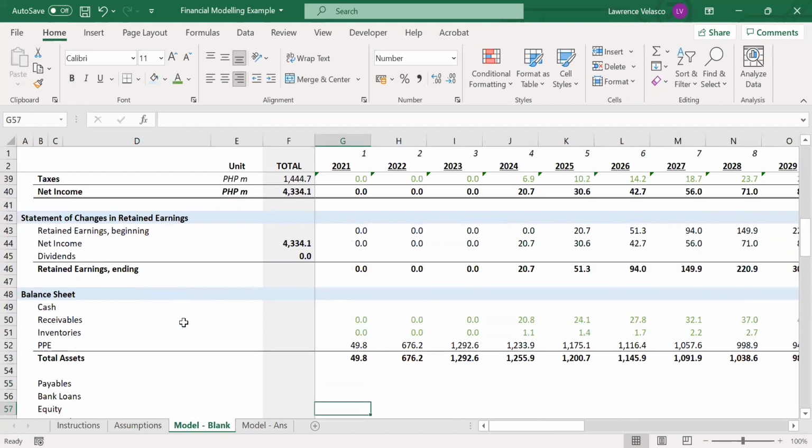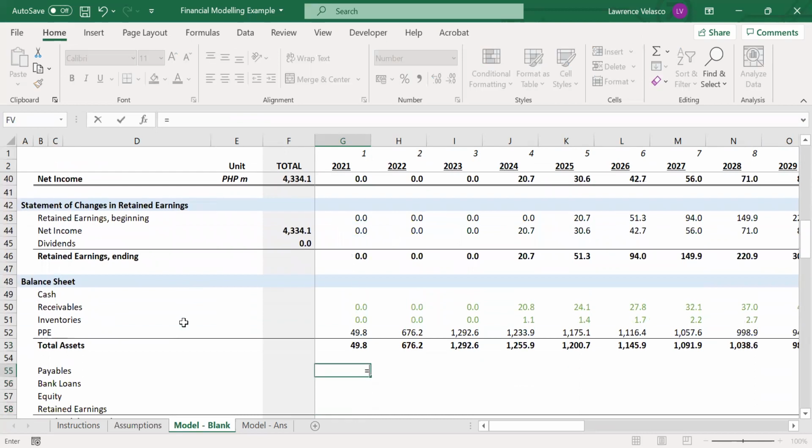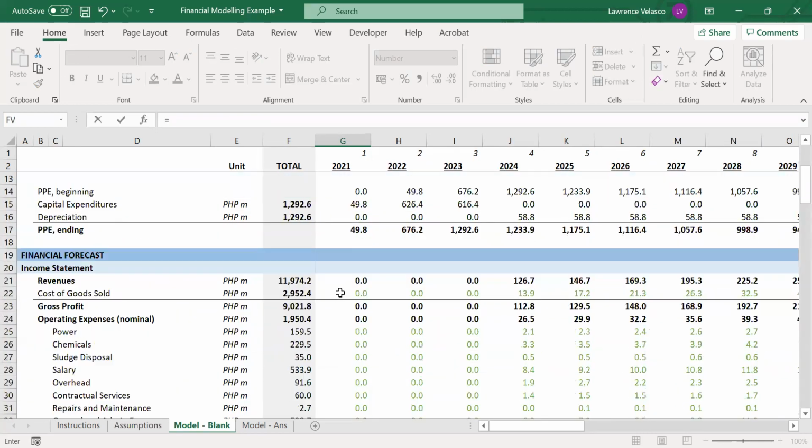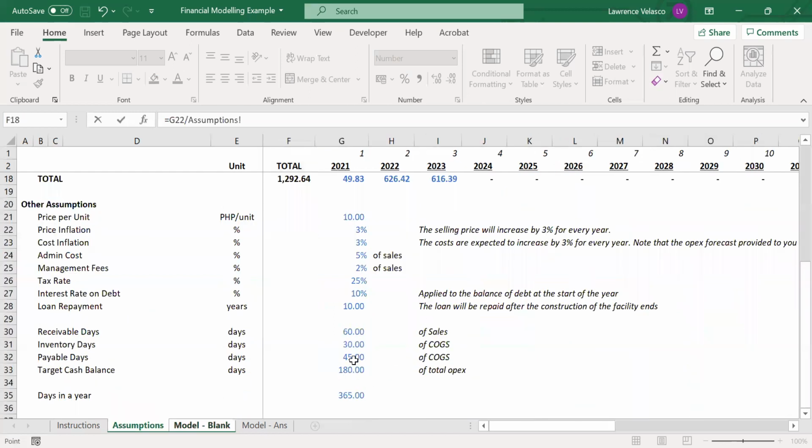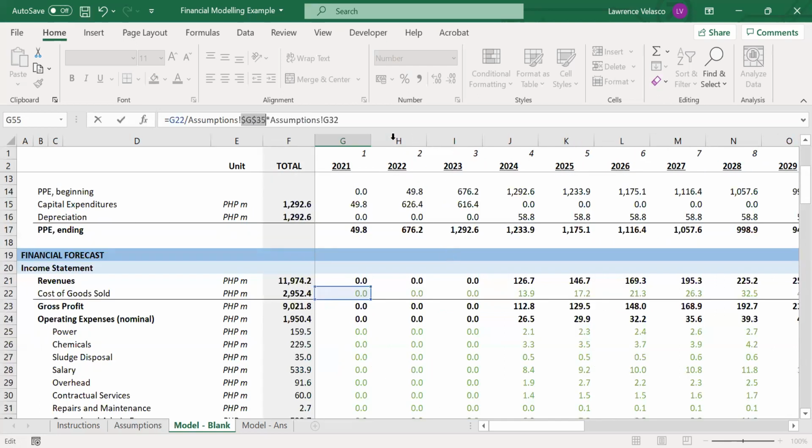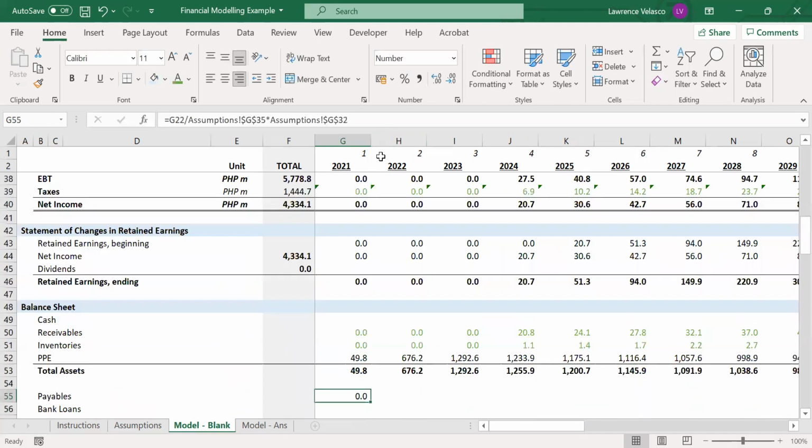Okay? Next, payables. Ang sabi sa iyo sa payables, cost of goods sold divided by 365 days times 45 days daw. And then don't forget, lagyan to ng mga dollar signs. Then you have payables already, and they should be green.